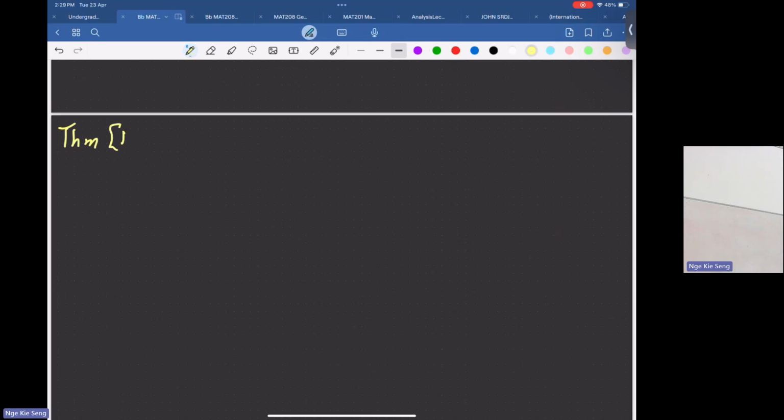Let's prove a theorem called the nested interval theorem, because this will be very useful for the subsequent theorem. So what does this statement say?